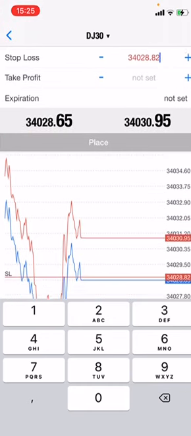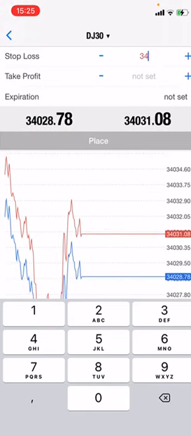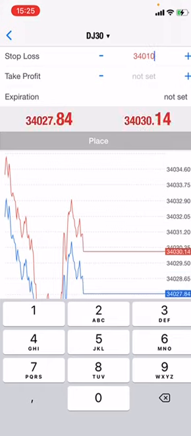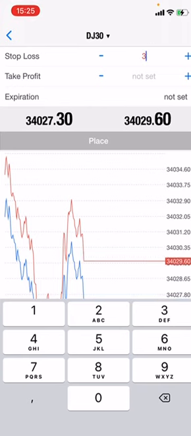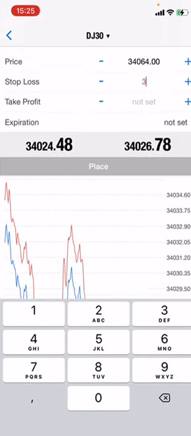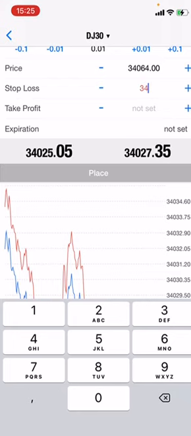And you put your stop loss. Okay, put your stop loss, let me put it at 34 or 10 or 9.